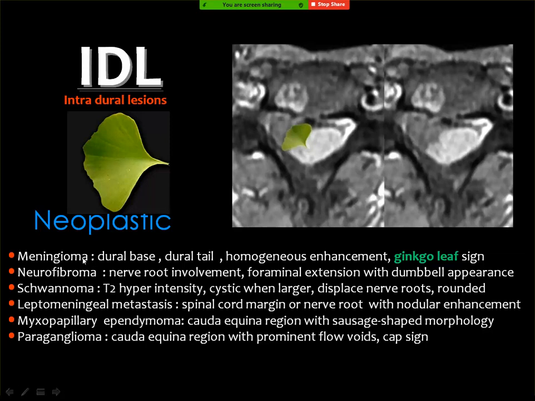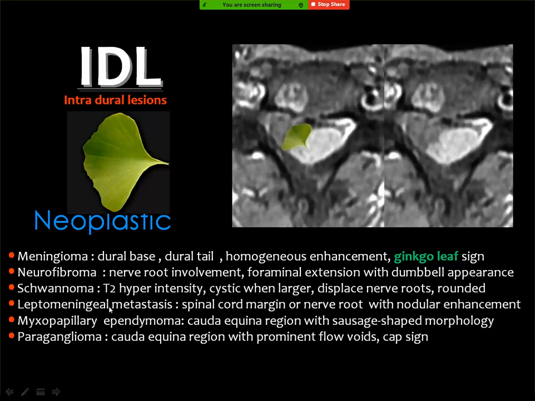To differentiate between meningioma and neurofibroma, meningioma has a homogeneous enhancement and a dural tail, and it does not extend through the foramen. But the neurofibroma can be heterogeneously enhanced, does not have a dural tail, and may extend through the foramen.